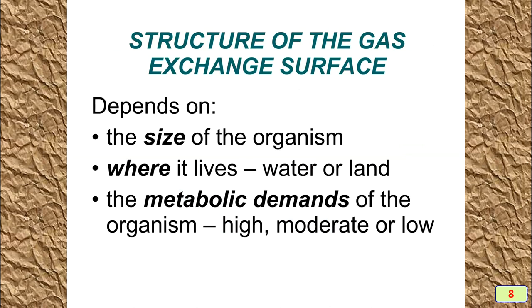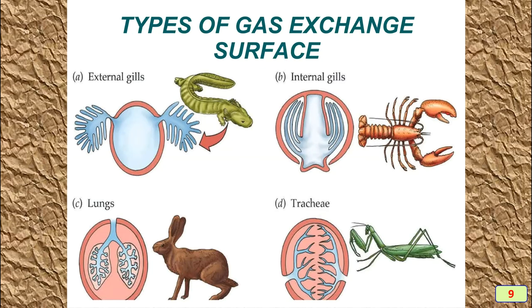The structure of the gas exchange surface depends on the size of the organism, where it lives, water or land, and the metabolic demand for oxygen of the different tissues.